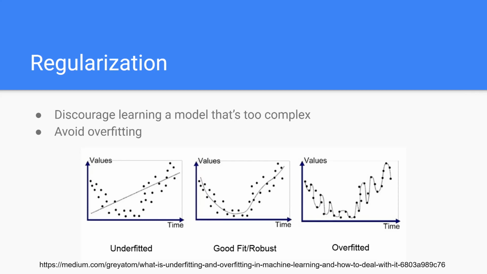Like we can't possibly take a picture of every flower in this world. So it should be able to learn and have some flexibility. So this is where regularization comes in. It's a technique that will try to discourage learning a model that's too complex like this. This would be the desired shape.